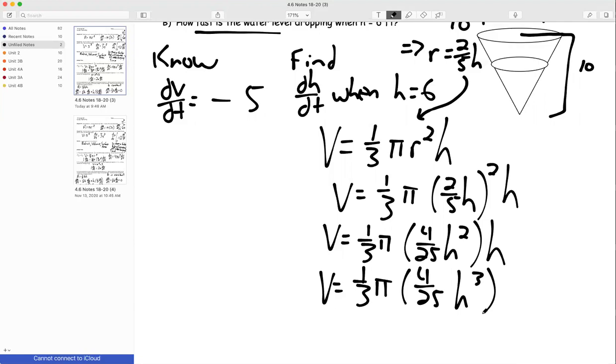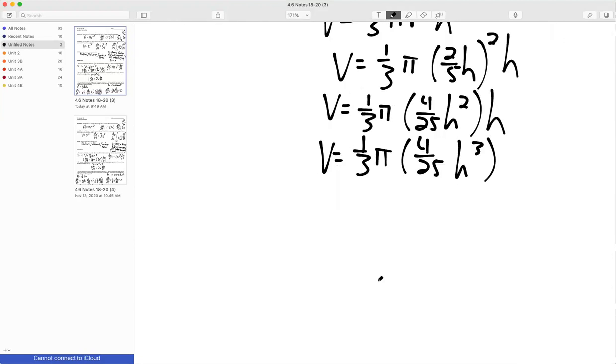So now I need to take the derivative. So derivative of v is going to be dV/dt. I'm going to do the product rule here. So I've got 1/3 pi times the derivative of 4/25 h cubed. So I'm going to multiply the exponent 3 times the coefficient, 4/25.